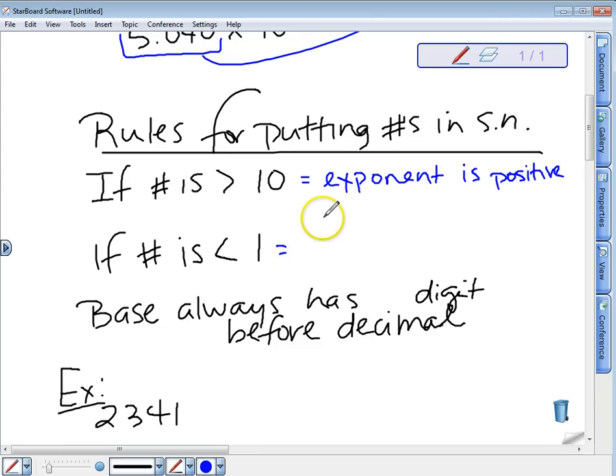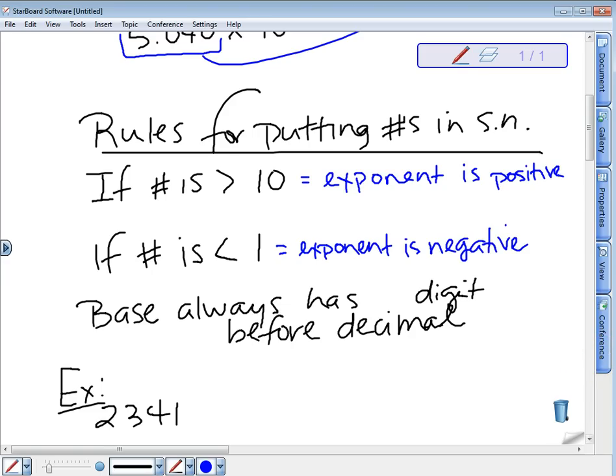If the number is less than 1, then your exponent will be negative. Okay. If it's between 1 and 10, if you have a number like 8, then there's really no reason to put it in scientific notation. You can, your exponent would then be 0, 10 to the 0, but in science, we generally don't.